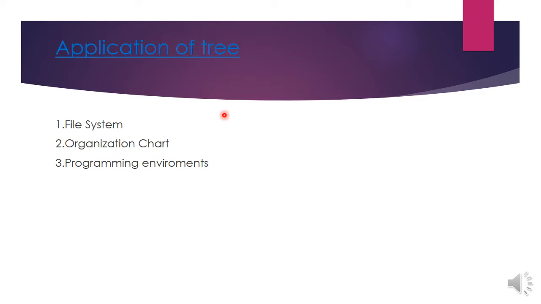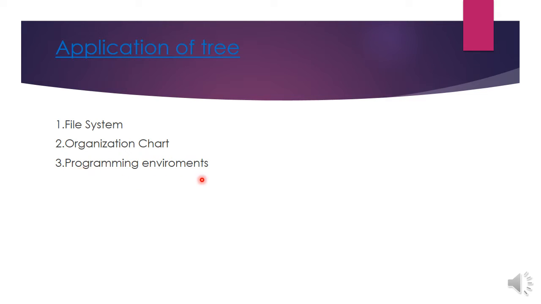Application of tree. Before studying any topic, we should know the use and the application of that topic, so we can study it very easily. First, the file system. What is a file? A file is a collection of records. The file system uses the concept of tree, and the records are arranged in hierarchical form. Organization chart: we make a chart to arrange data, and that data may be in the form of a tree.